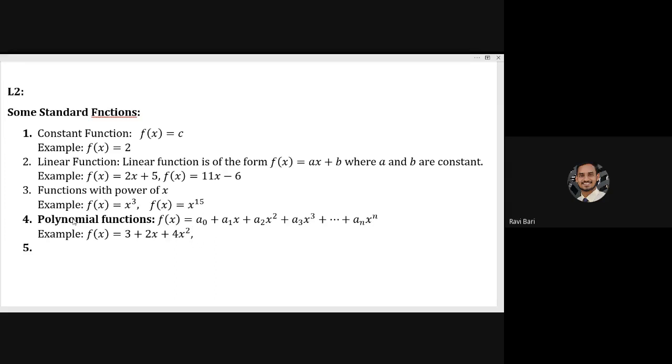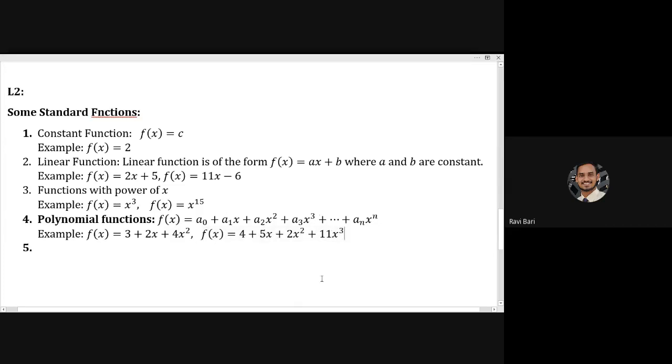One more example. f of x is equal to 4 plus 5x plus 2x square plus 11x cube. So this is another example of a polynomial function.